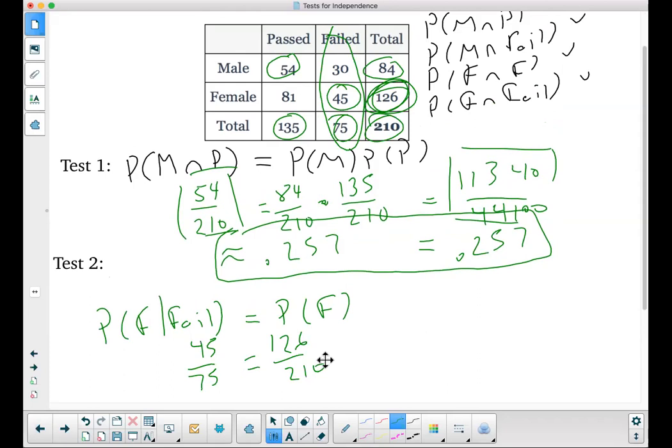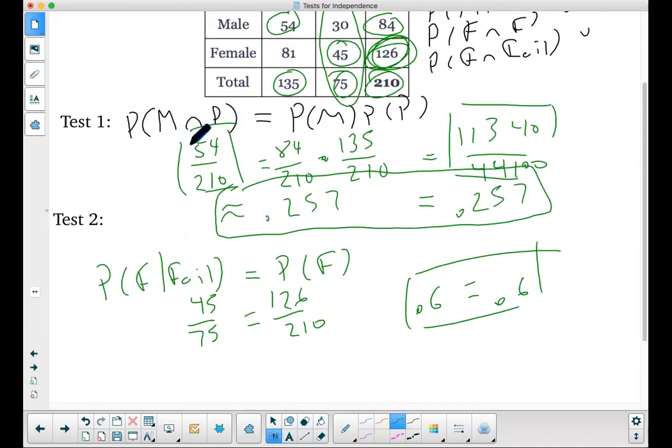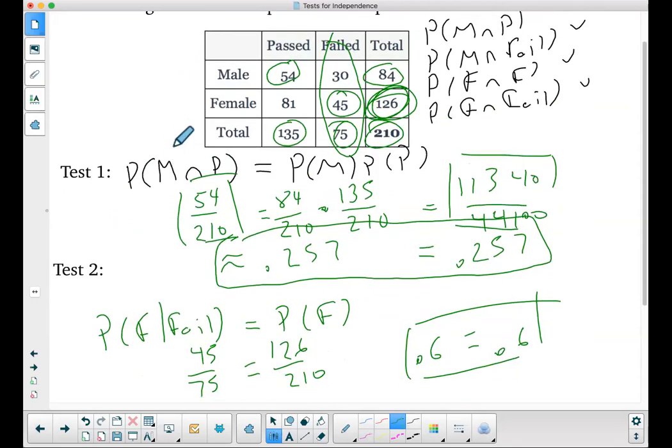Should be correct, independent. So the left-hand side is 0.6. And the right-hand side is 0.6. Okay, so using either test, and actually you could see that the second test is much faster, it shows that whatever test it was that these males and females took, their gender had no role in determining whether or not they passed or failed the test.